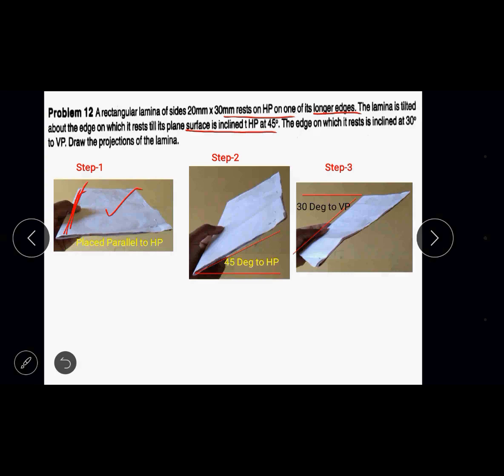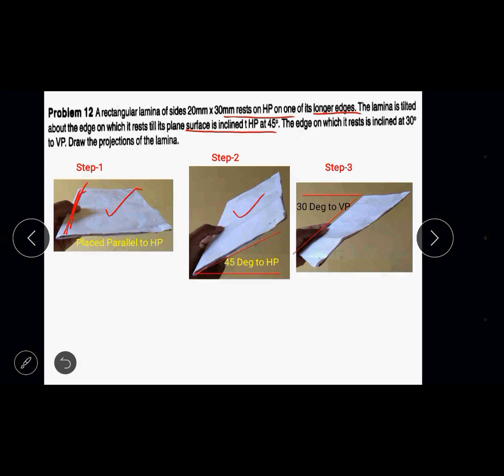So the rectangle is resting on HP, the horizontal plane. And the wall which you find opposite is perpendicular. So the rectangular lamina in step 1 is placed parallel to HP by taking the longer edge of the rectangle as reference.